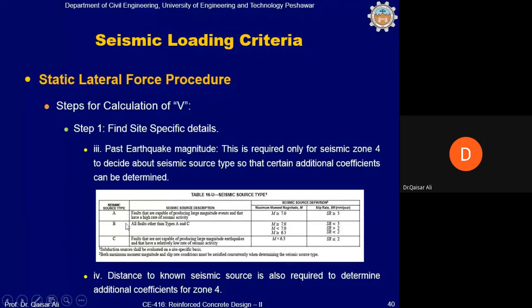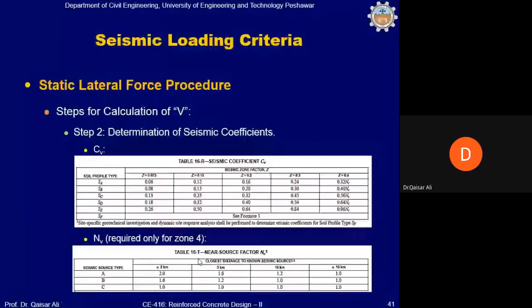So this seismic source type needs to be known to us if we are designing a building in seismic zone 4 only.